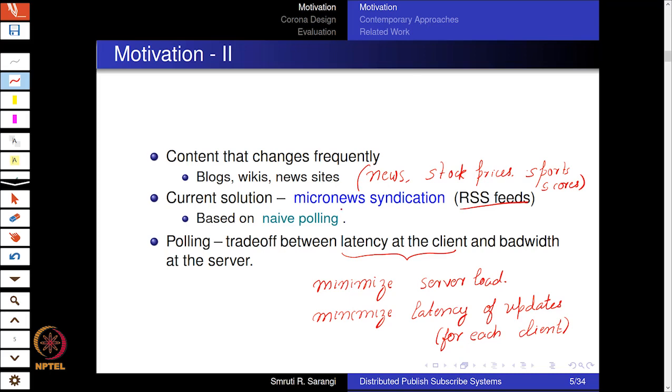So the idea here is that the load at the server, of course, has to be minimized, but also the latency of updates for each client, even that also has to be reduced.